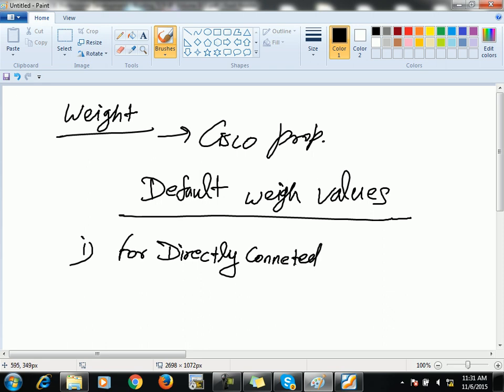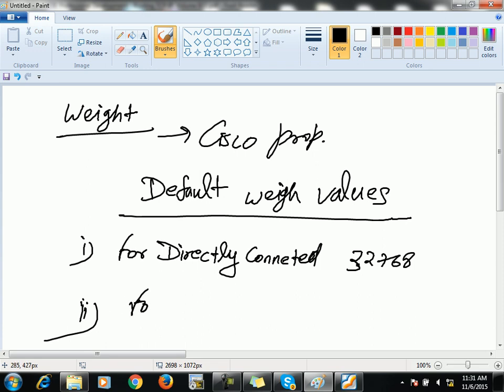For directly connected prefixes, it is by default 32768, or for self-advertised prefixes.